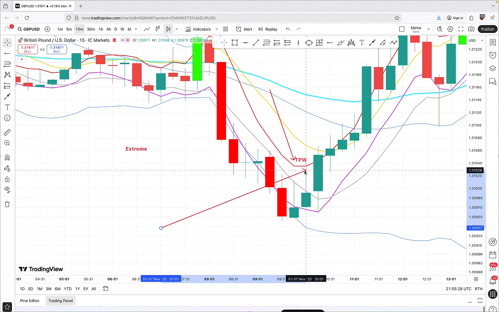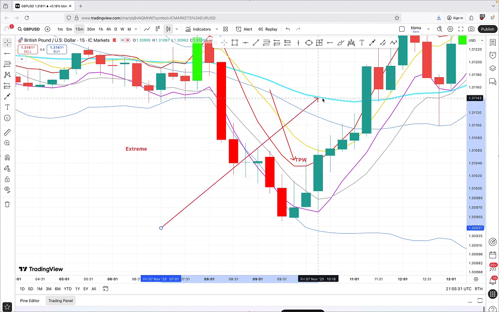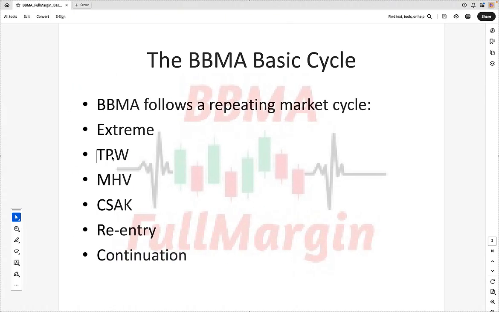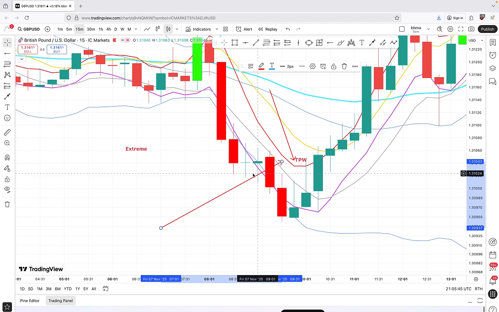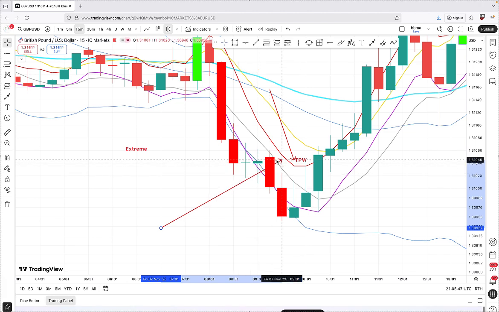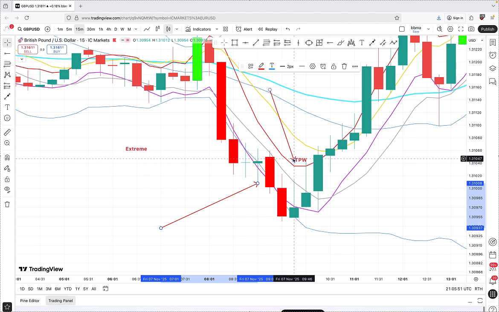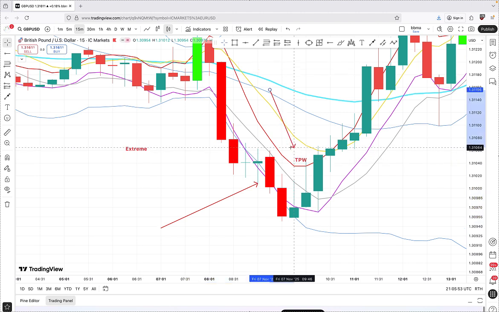Sometimes the market goes direct to CSAK. Like I said before, it happens sometimes TPW directly to CSAK, or sometimes no TPW or MHV, direct CSAK. Sometimes it happens, so don't worry, you will see a lot of stuff in the market, especially when Trump is holding the seat.